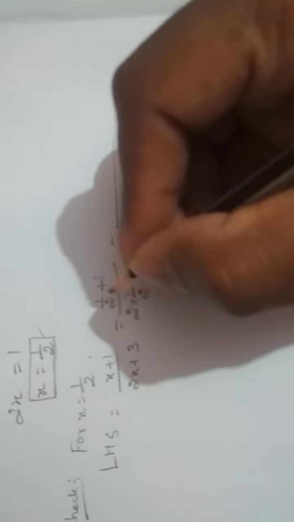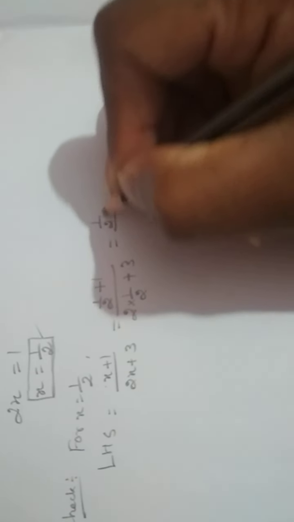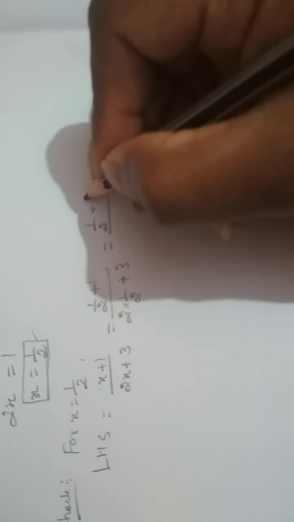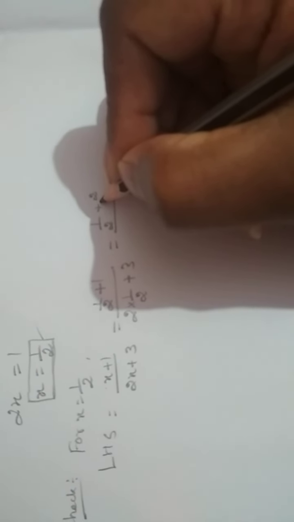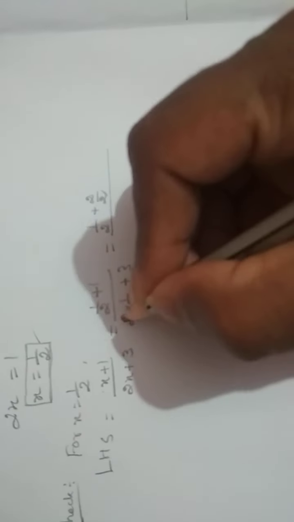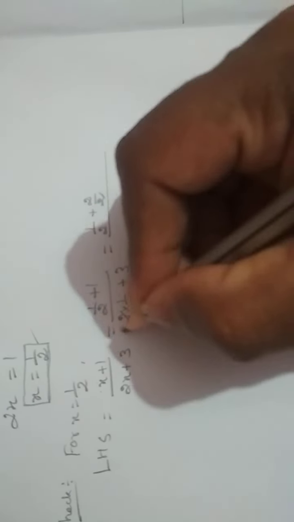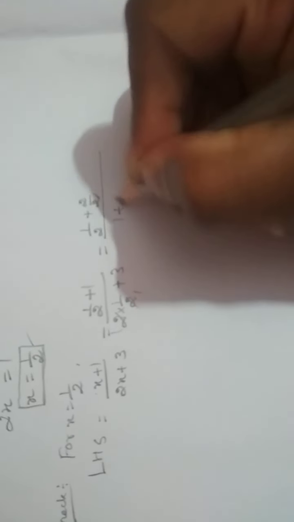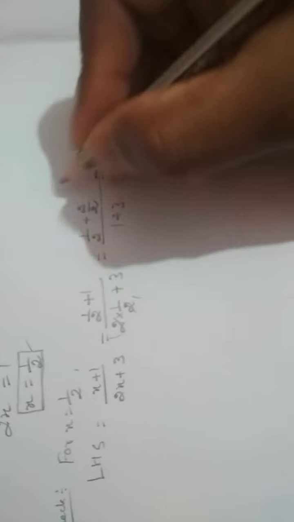We want to take the LCM. The LCM is 2. So 1/2 plus 2/2, here the 2s cancel, and in the denominator 1 plus 3. So it is equal to (1/2 + 2/2) over 4.